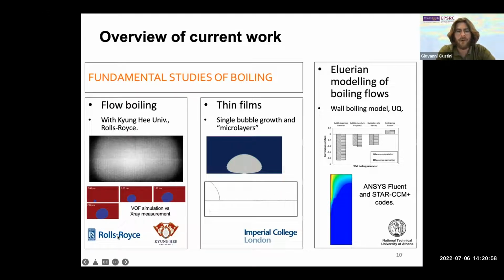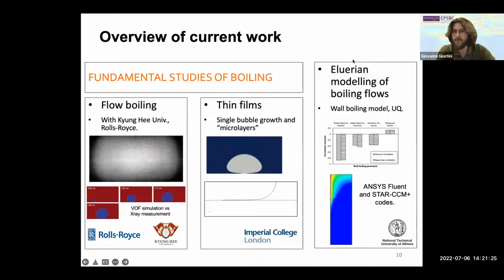This is linked to activities in collaboration with industrial partner Rolls-Royce and with Kyung-Hee University in Korea. Colleagues at Kyung-Hee are taking care of the experimental work, and we are doing the simulations in Manchester. Work on liquid films and microlayers is continuing. Again, simulations in Manchester, and some experiments currently being developed at Imperial College.